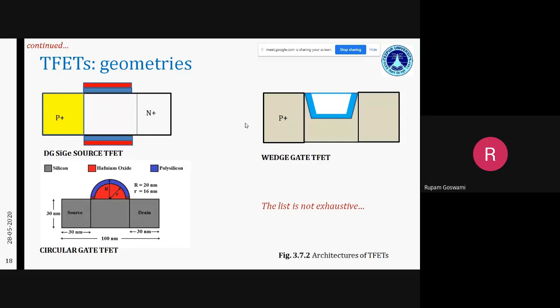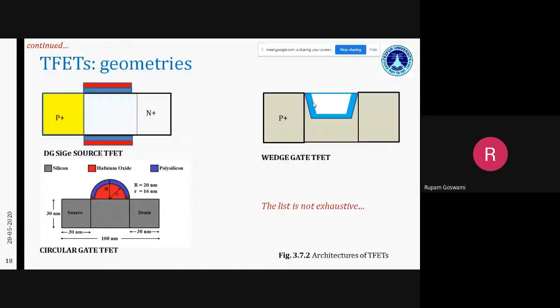Another TFET device architecture, which briefly appeared midway, was this wedge gate TFET. The idea of putting a wedge here was to increase the tunneling area of the gate. Once you increase the tunneling area, more of the area will be influenced by the tunneling rates, as a result of which you can expect higher currents.